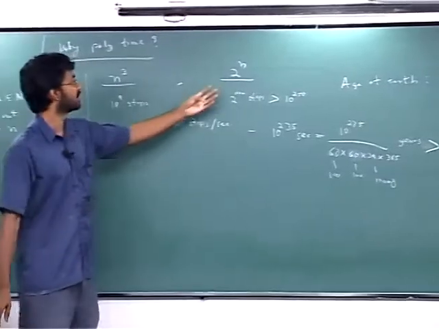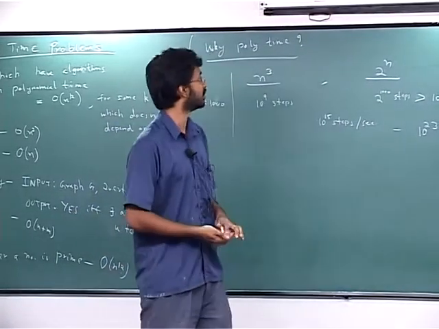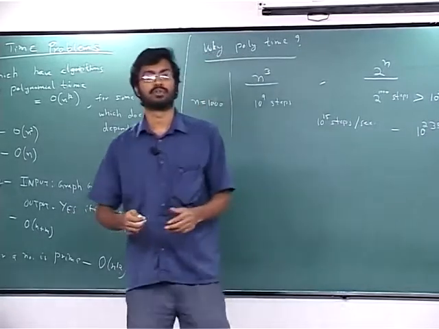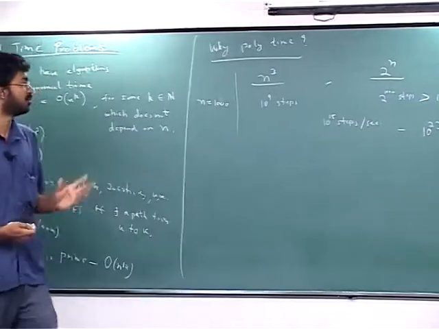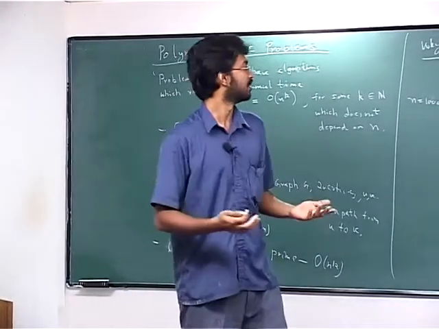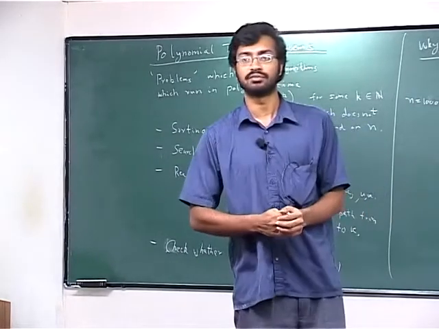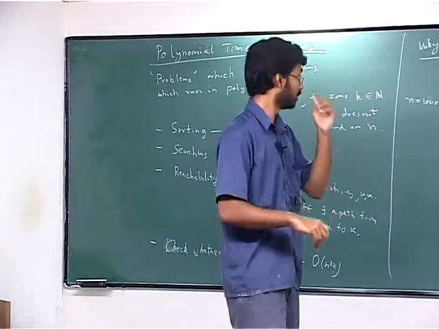That's why non-polynomial time algorithms are infeasible for our practical purposes. So that's why we all stick to polynomial time algorithms, otherwise there is no practical use of studying non-polynomial time algorithms.